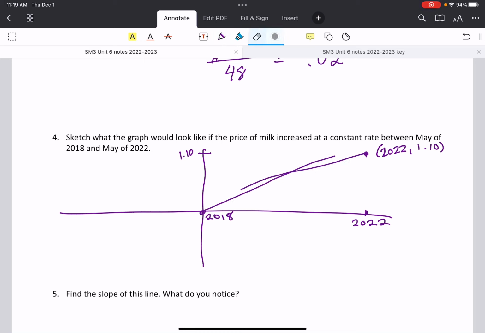I can draw straight lines. With a rise over run of 0.02 over 1 month. Okay? We good? This is what the graph would look like if it was a linear graph, constant rate.